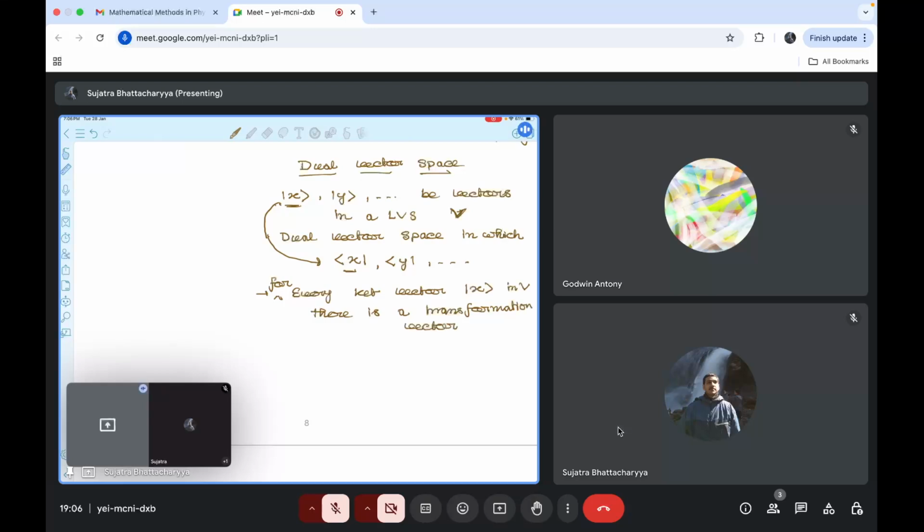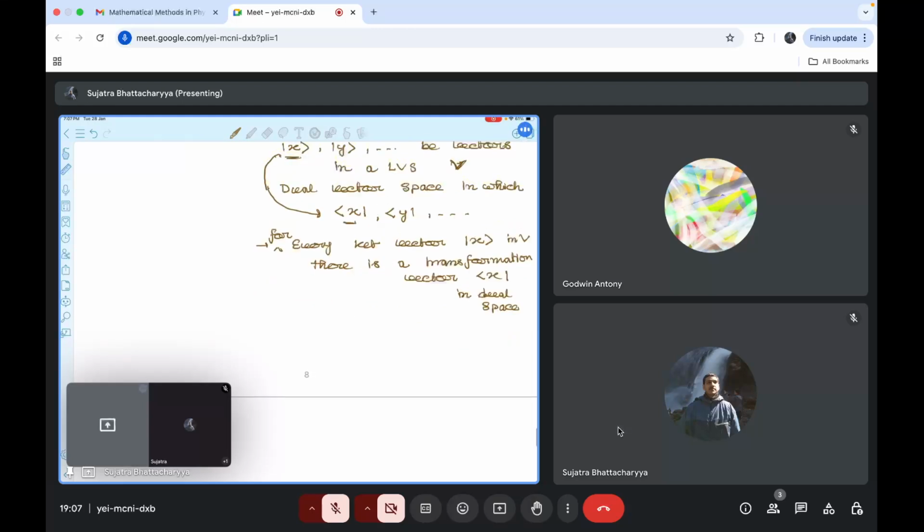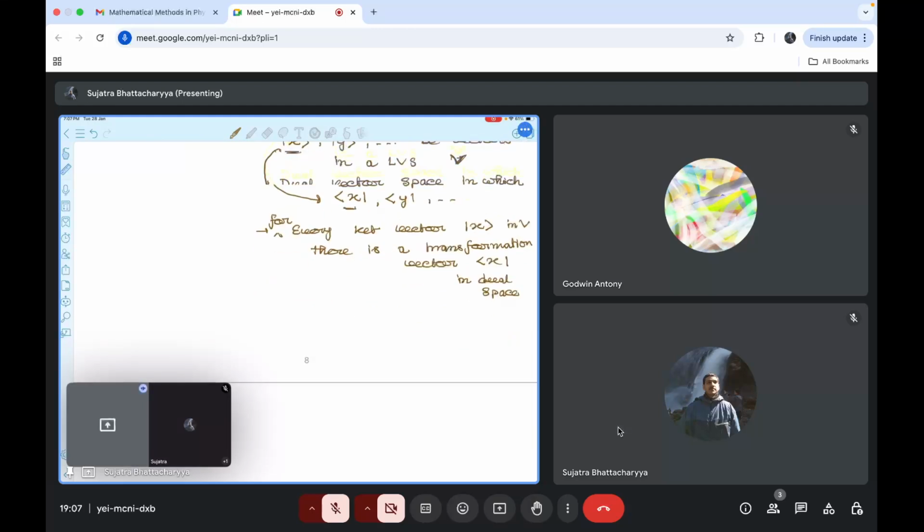I will have some examples also. So what is happening: for a particular vector x, which is denoted by a ket notation in the linear vector space which we have seen so far, there is a transformation vector. It is a linear transformation essentially. So there is a transformation vector which is denoted by bra x in the dual space. Okay, so this is the important part.